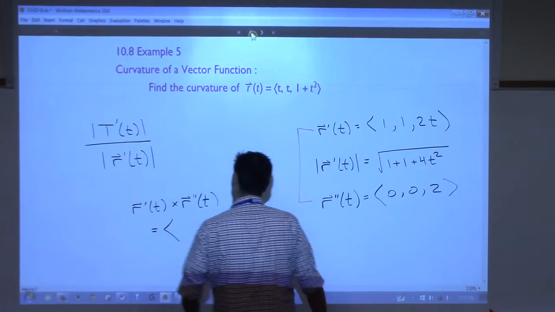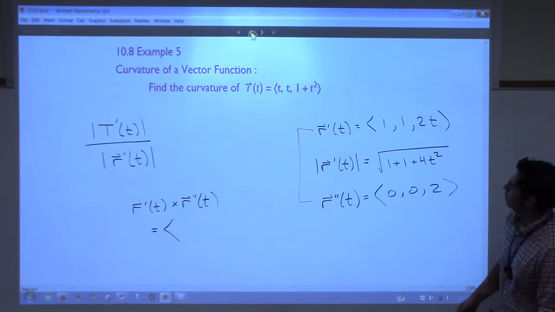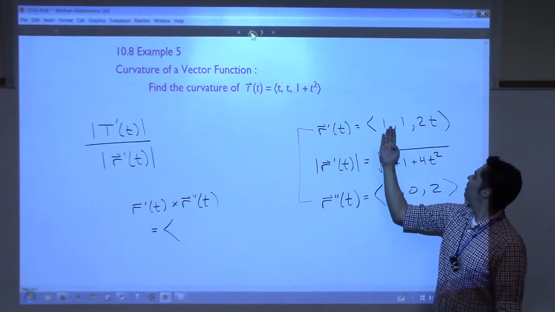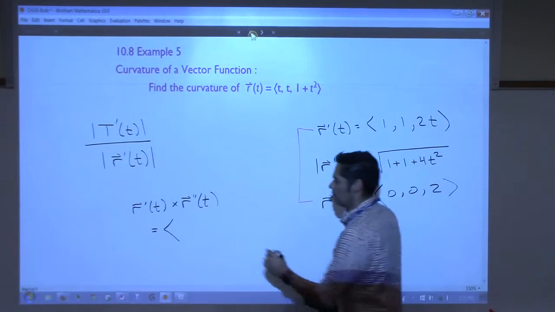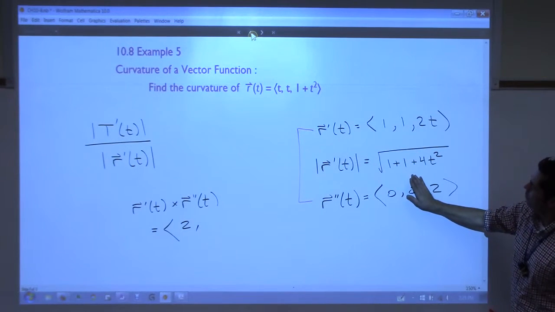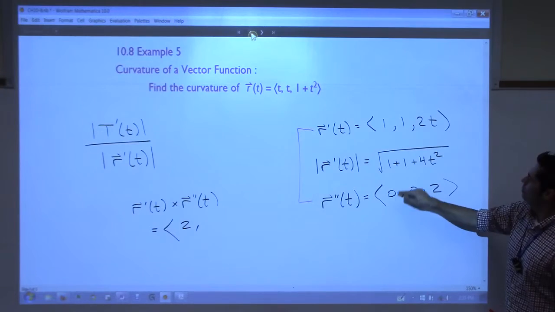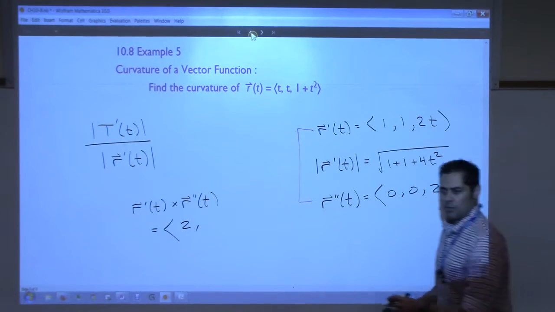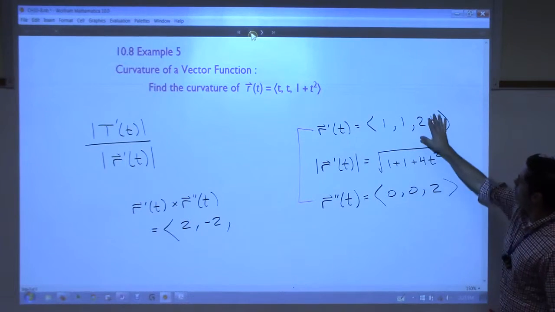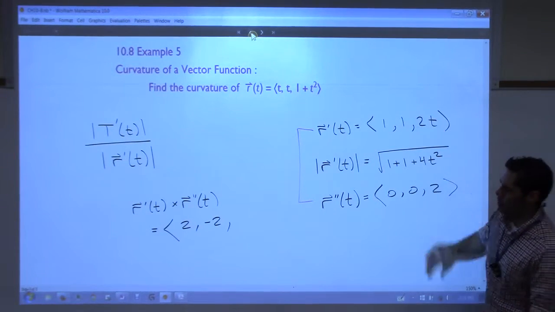Let's see. I'm doing these two crossed, right? So cover this up. What do we have there? 2. Cover the middle up. 2, 0, but then subtract, so -2. And finally, cover up these two, 0.